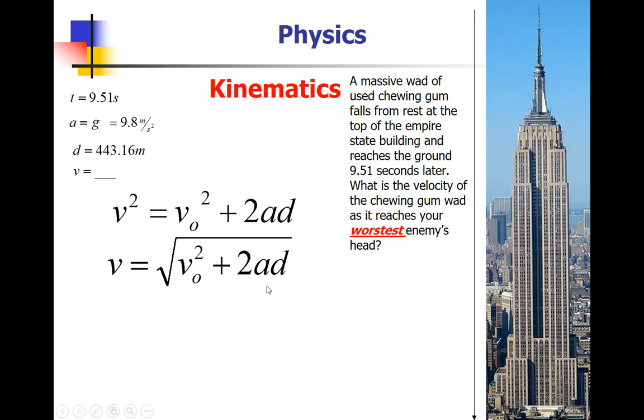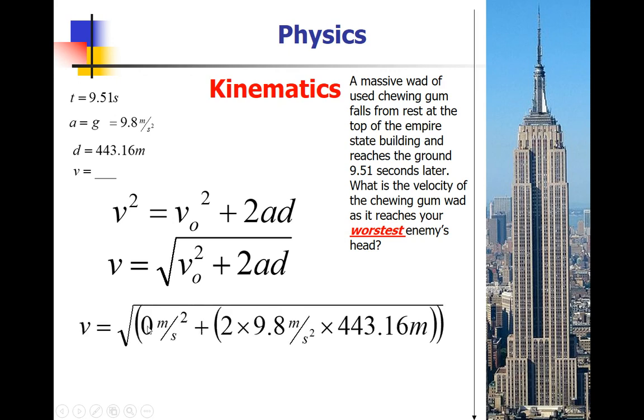Plug, chug. Again, the initial velocity is 0. That will go away. So I have the square root of 2 times 9.8 times 443.16 meters. Grab your calculators, plug and chug. Correct. The final velocity, 93.2 meters per second.